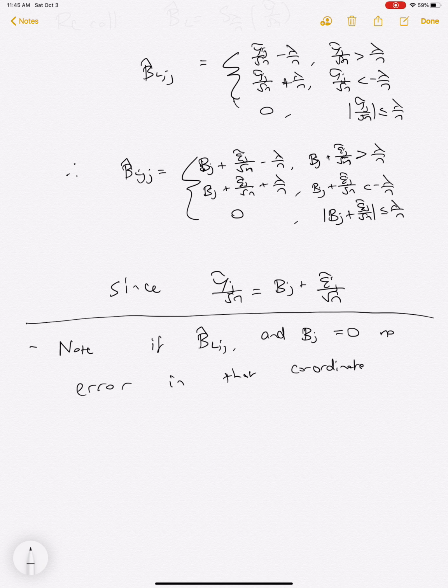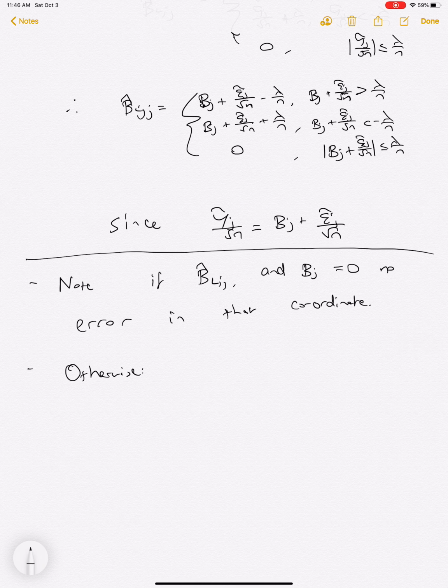If you look at it coordinate by coordinate, or variable by variable, if b hat lj and bj are both 0, which is possible with this shrinkage estimator, then we have 0 error.